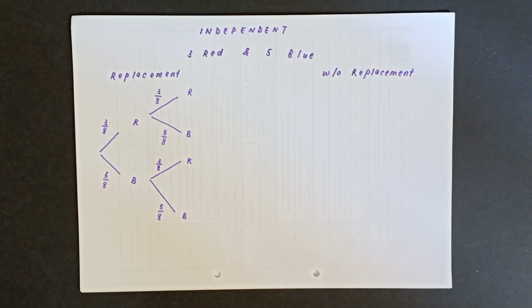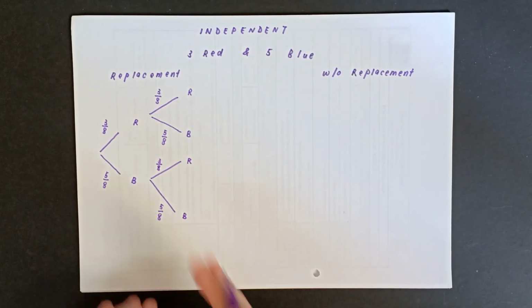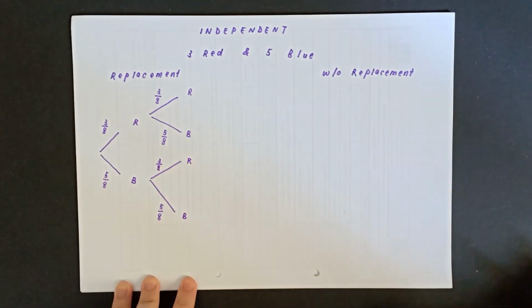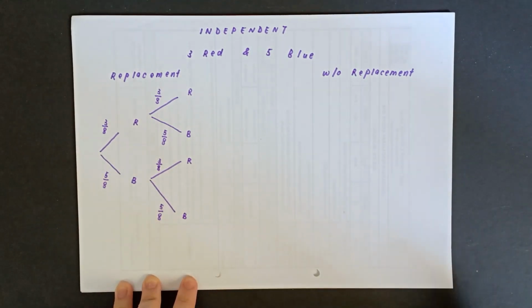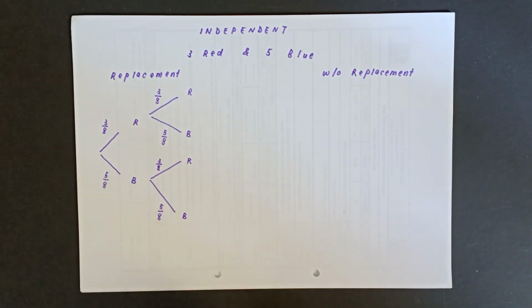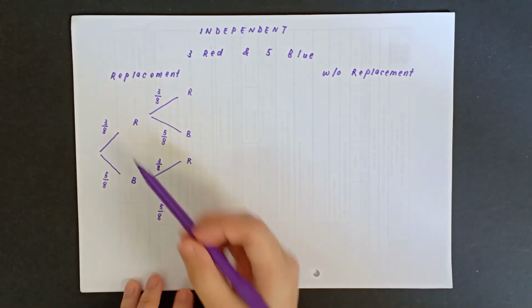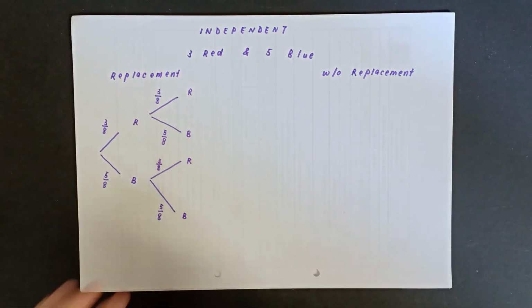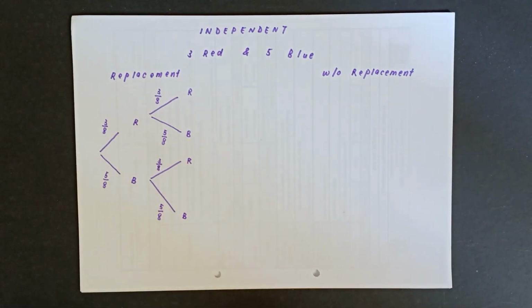Okay, so looking at this scenario, what you can realize is if I continue the experiment to the 3rd time, 4th time and so on, I will have exactly the same probability at every stage. You can see 3/8, 5/8.